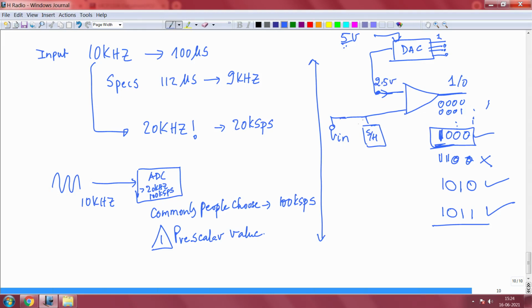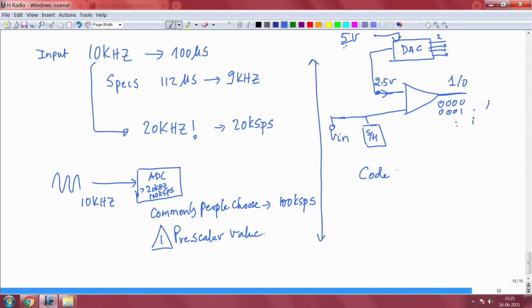And now you compare your input with respect to this 2.5 volts which is being fed, and then you come up with a simple expression: code word is equal to Vin divided by Vref. So it is a ratio of Vin by Vref into 2 power n, where n is the resolution.